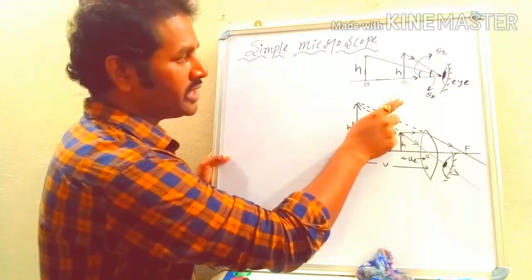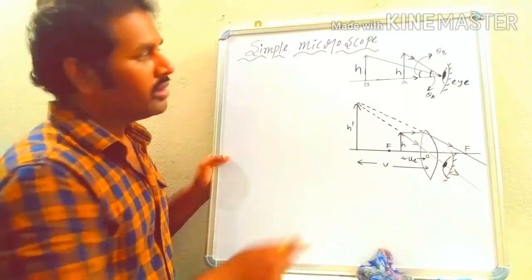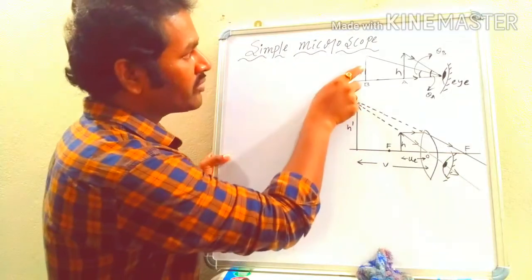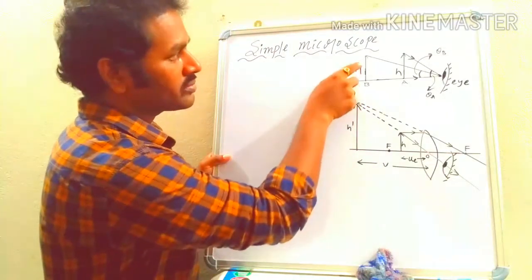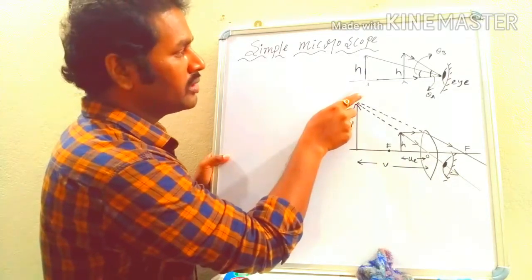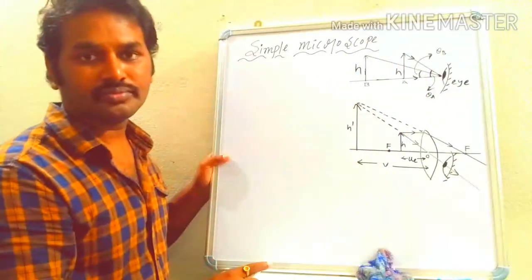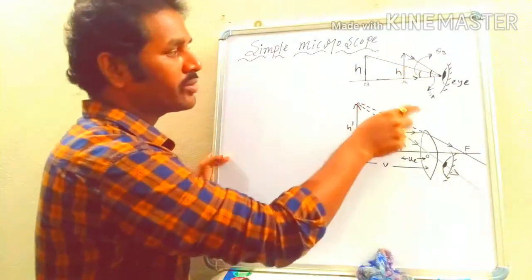Now the same object of the same height is taken away from the eye. There you can see the light rays coming from the object, one from the top and the other from the bottom. Now these light rays make an angle theta B, which is lesser as compared to the earlier angle.